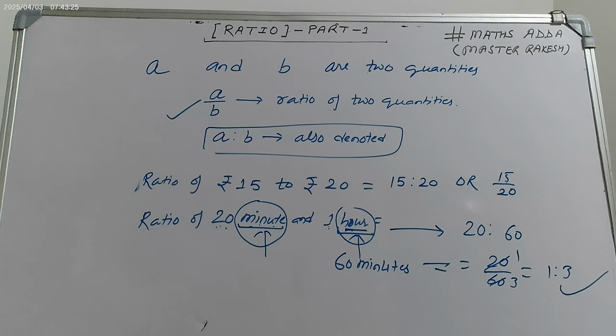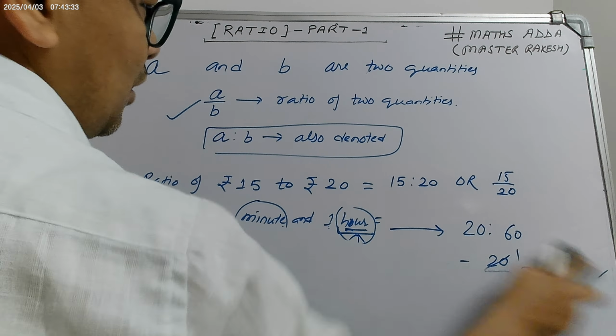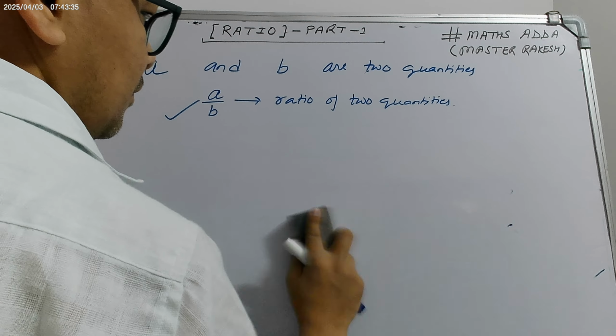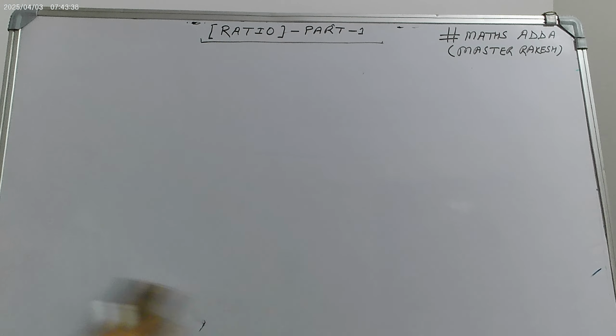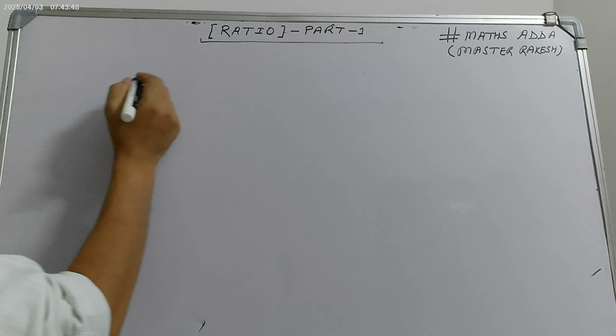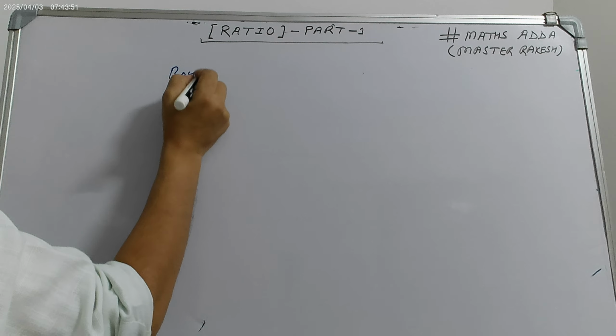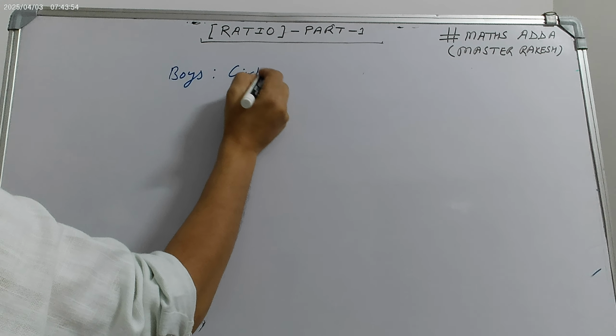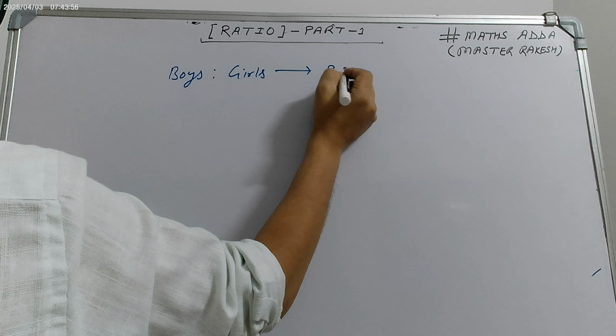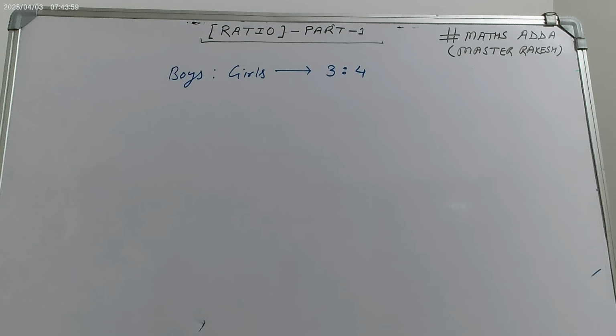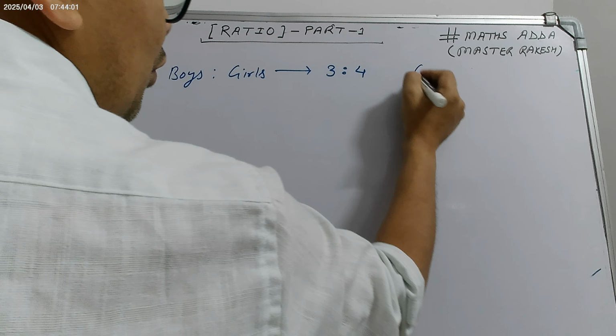If it is given that the ratio of boys and girls in a class is 3 ratio 4, boys ratio girls is 3 ratio 4, or it is read as 3 is to 4.